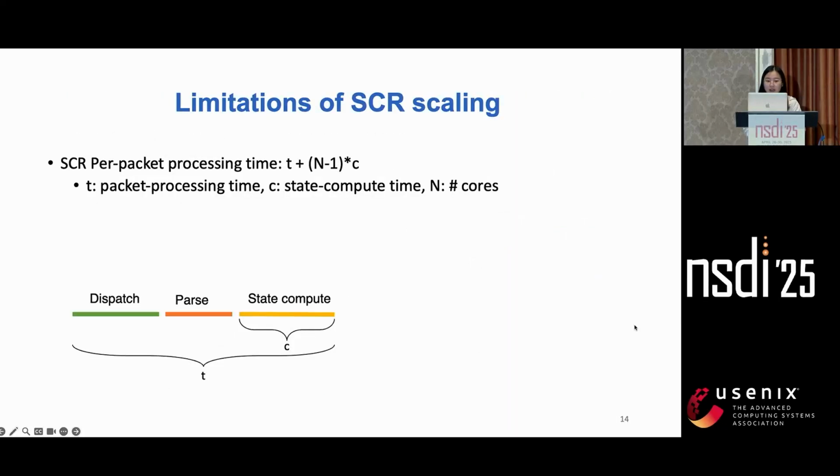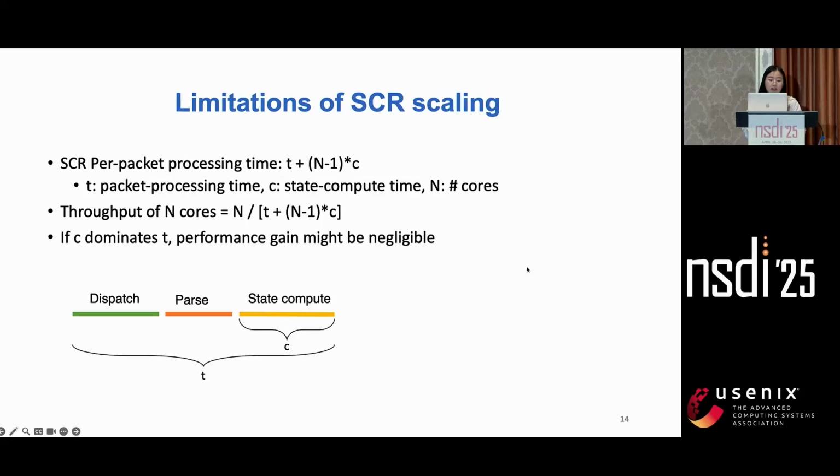And we also analyze the limitations of SCR. So this is SCR's per packet processing time, T plus N minus 1 times C, where T is the packet processing time, and C is the state compute time. N is the number of cores, and then N minus 1 is the number of missing packets. And then here comes the throughput.